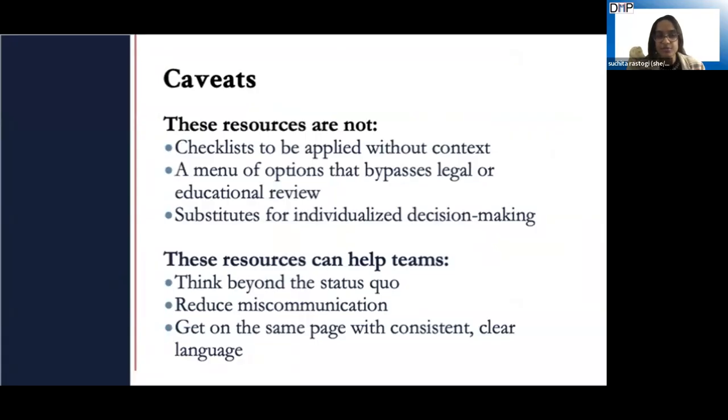Instead of replacing the interactive process, these resources are meant to clarify and streamline it, and they're meant to illustrate what might be possible for clinical accommodations in undergraduate medical education. They're also meant to reduce misconceptions and miscommunication between all the stakeholders involved in the interactive process. So I hope that was clear.